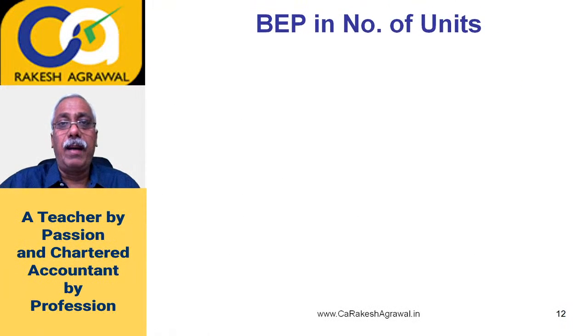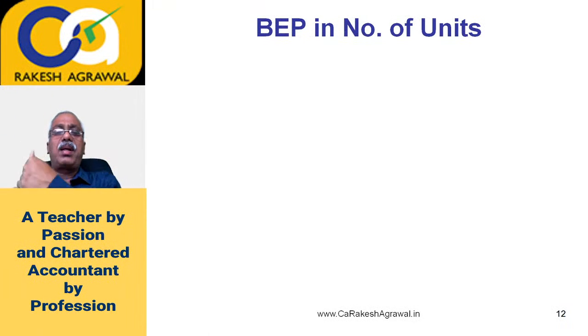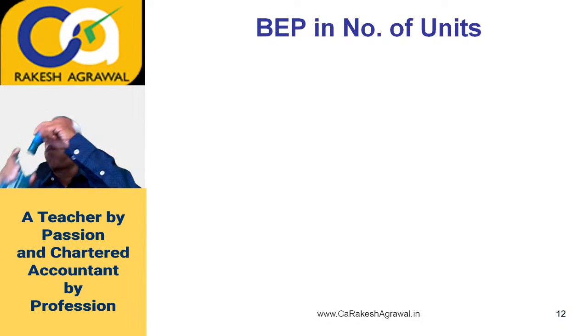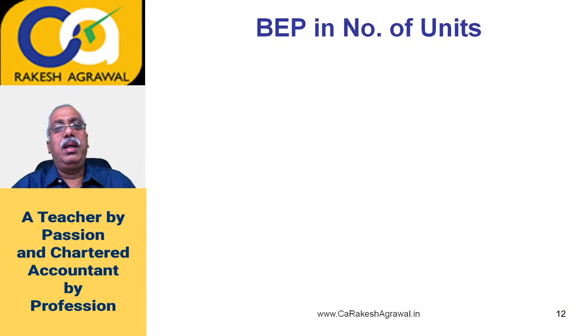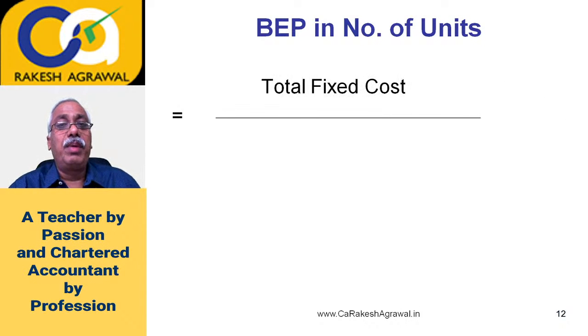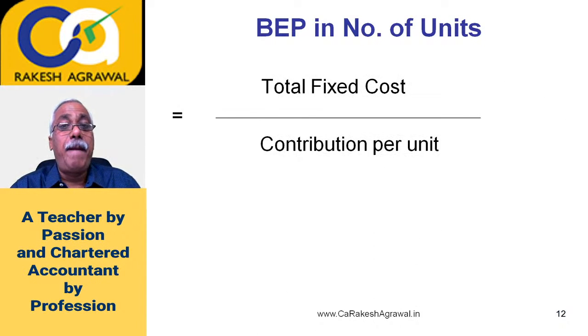Now the formulae are BP in number of units. Try to recall the formula from your memory. I think most of you are able to correctly recollect the formula. BP in units will be calculated as numerator total fixed cost divided by contribution per unit.